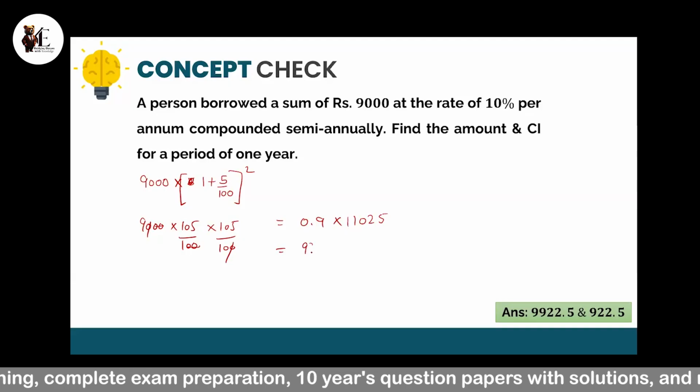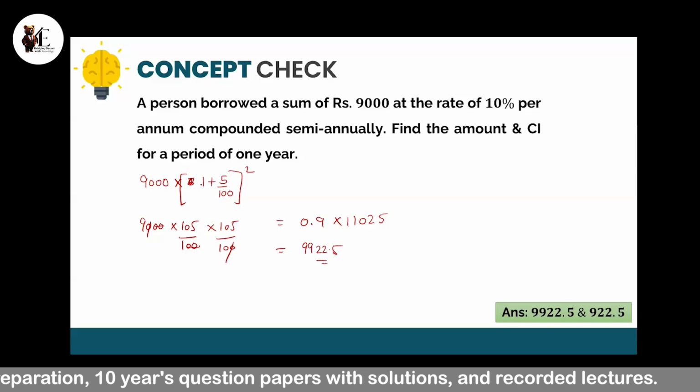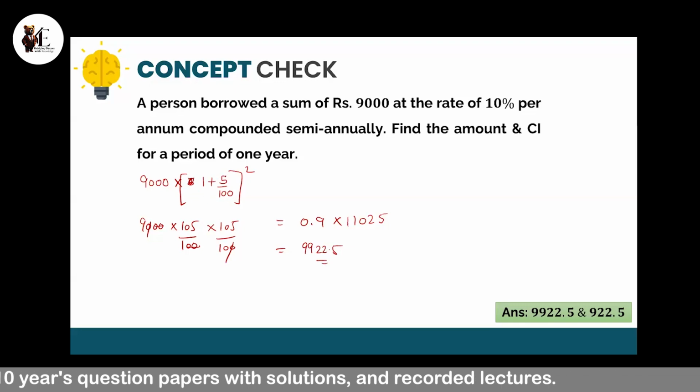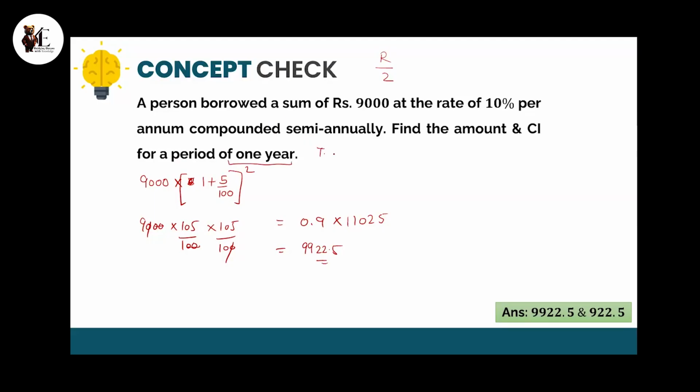And you will be getting 9922.5. So I have halved the rate of interest, as in the table we have covered that if it is half yearly, we have to halve the rate of interest, that is 5, and the time period will be doubled. So if the time period is 1 year, you have to double that.